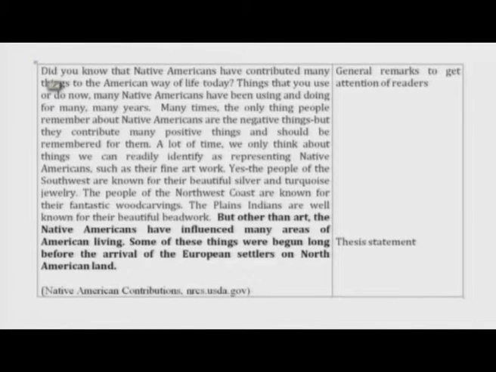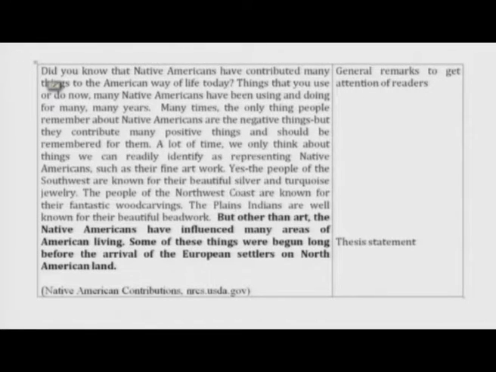A lot of time we only think about things we can readily identify as representing Native Americans, such as their fine art work. Yes, the people of the Southwest are known for their beautiful silver and turquoise jewelry. The people of the Northwest coast are known for their fantastic wood carvings.